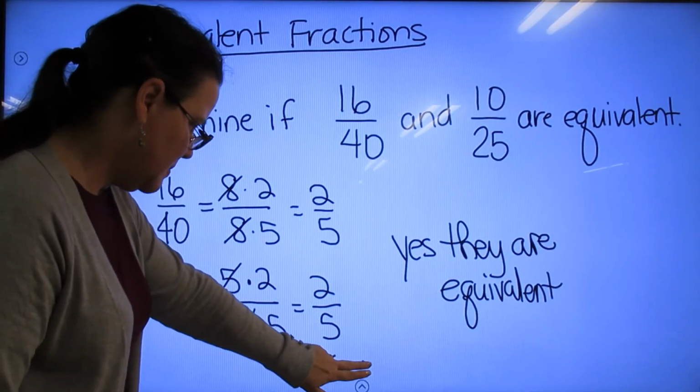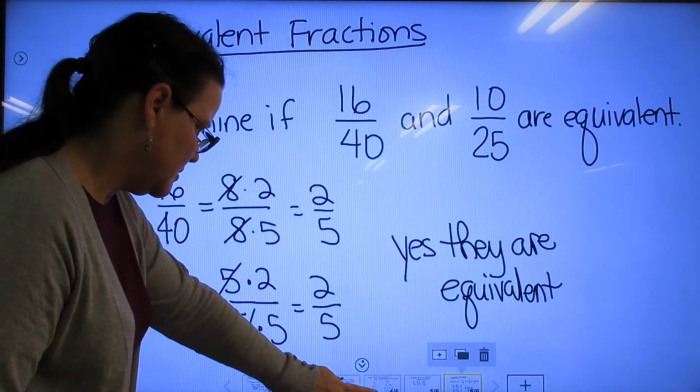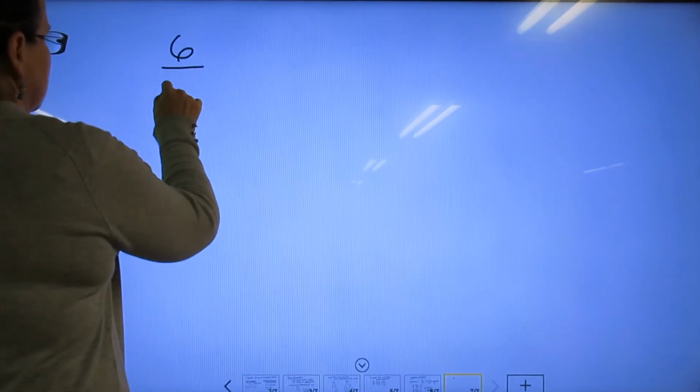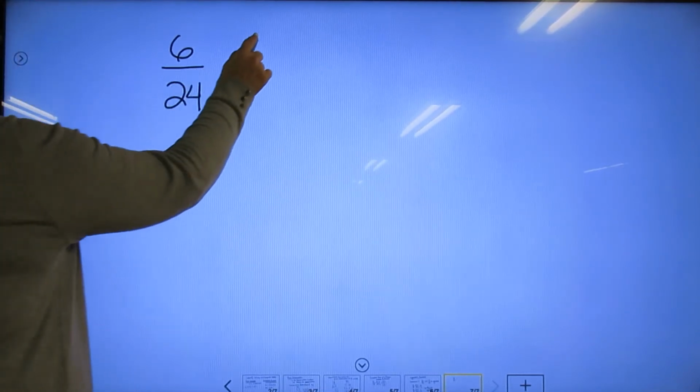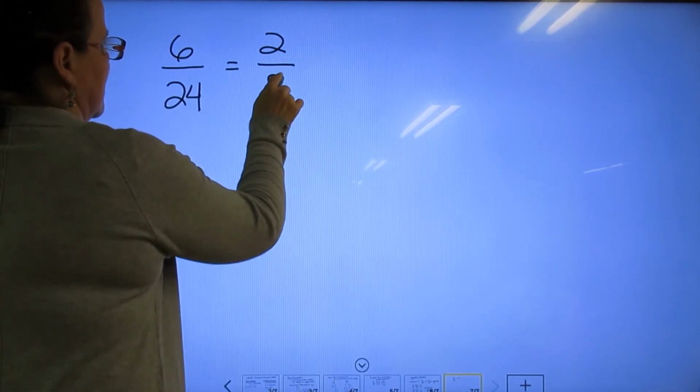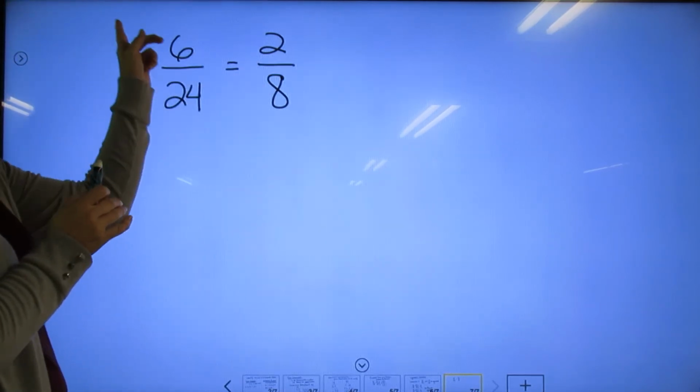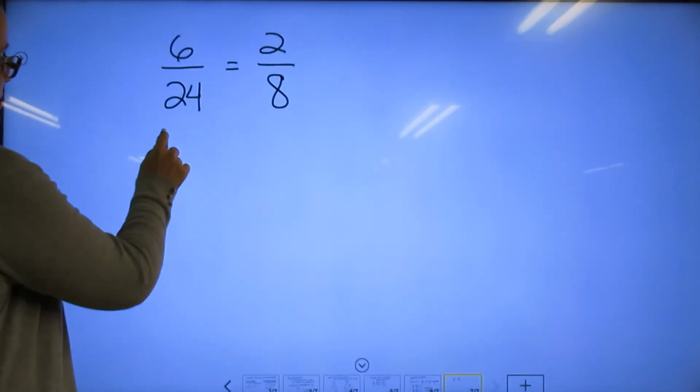However, let me just add another little page here. If you needed to find out if two fractions were equivalent, you can do cross products of them, right? You can do cross products. If I needed to know whether 6/24 is equal to 2/8, I could cross multiply.